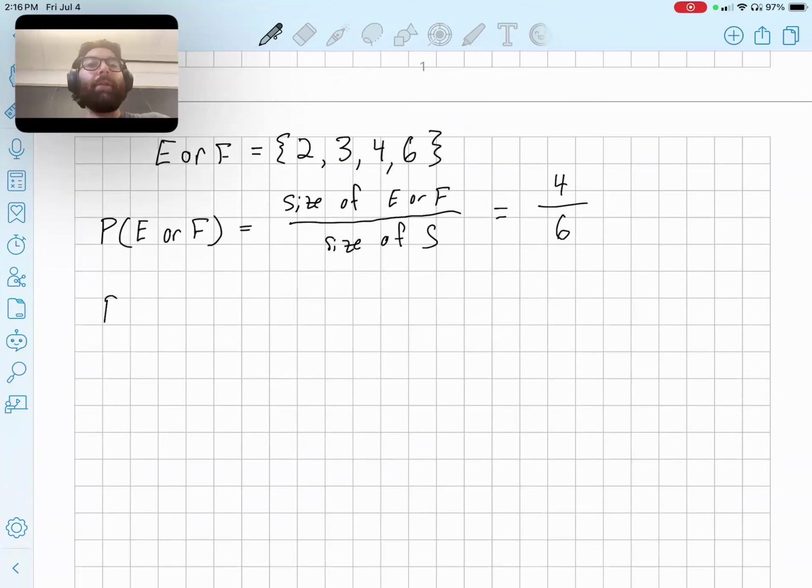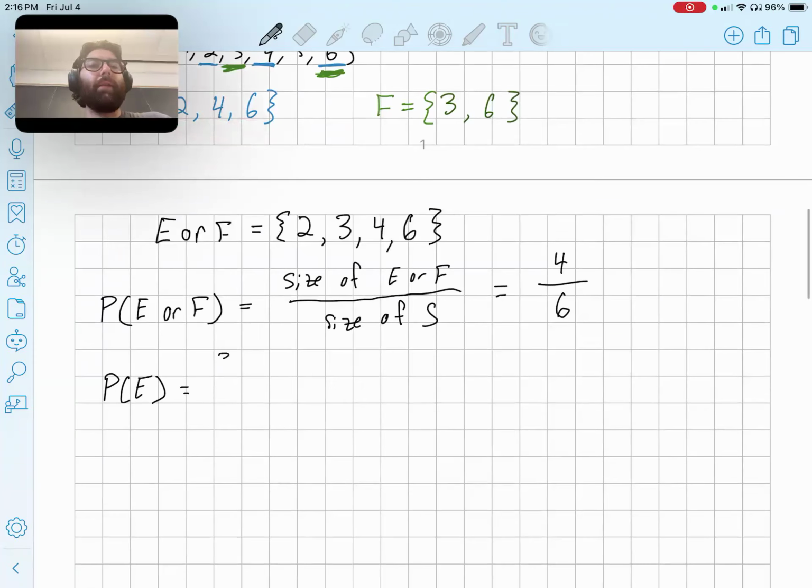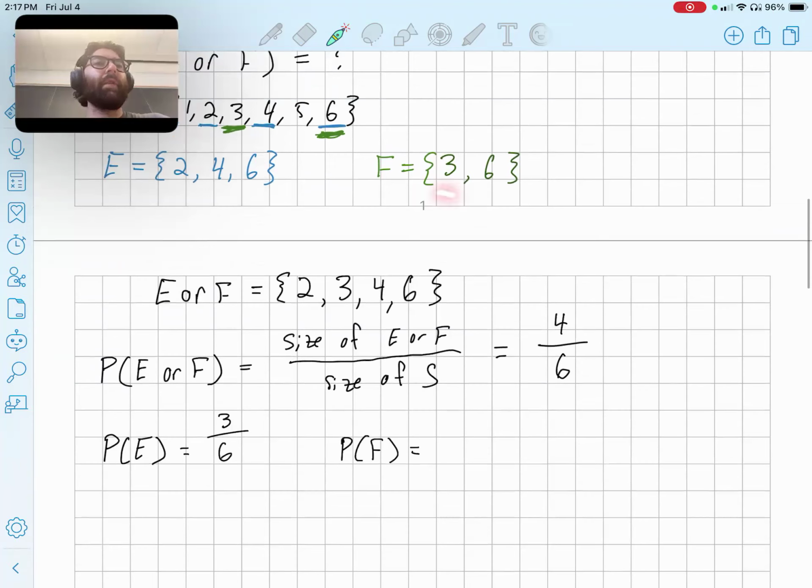Now let's see what happens if we just do P of E plus P of F. Let's compute these one at a time. E has 3 outcomes in it, so P of E is 3 over 6. F has 2 outcomes in it, so P of F is 2 out of 6.